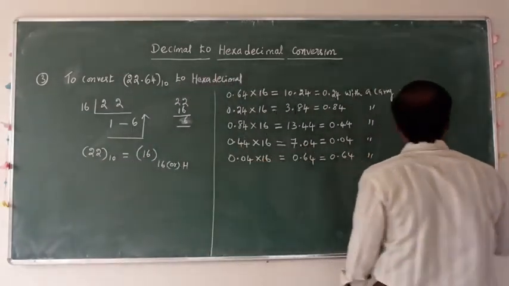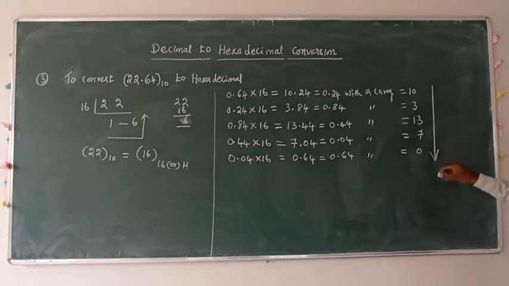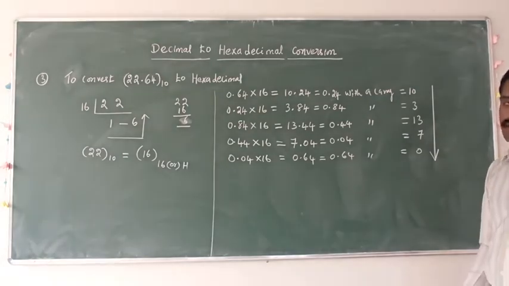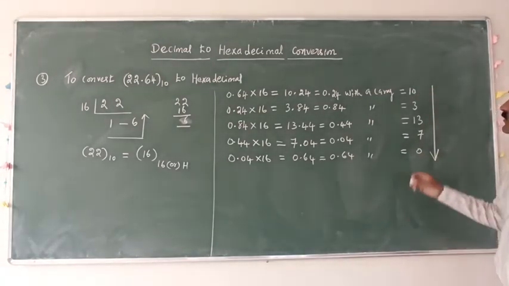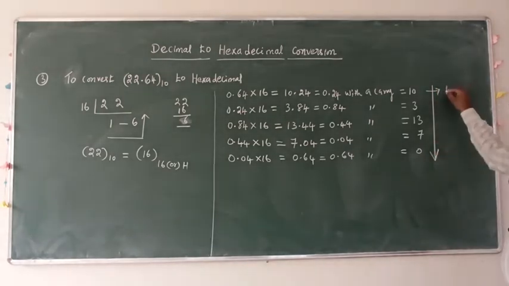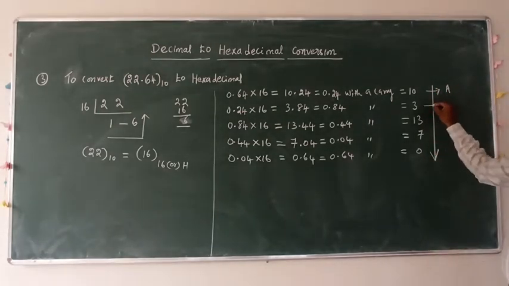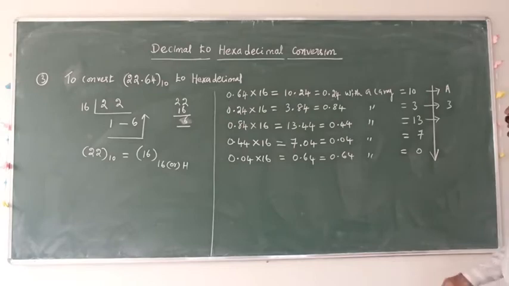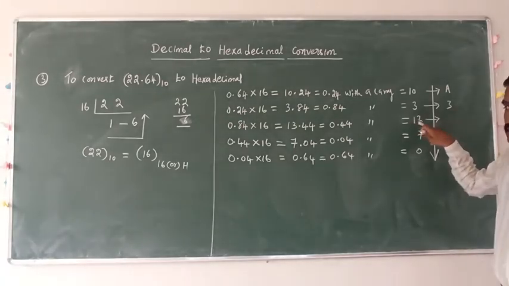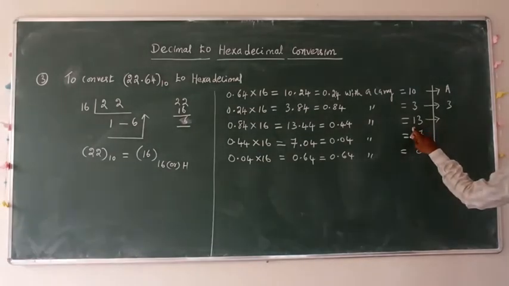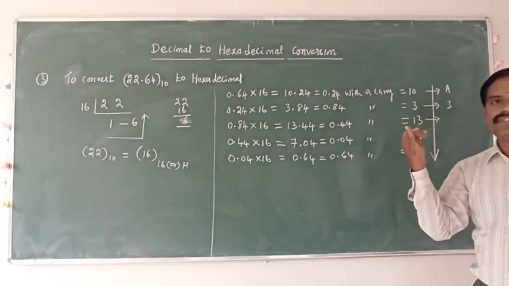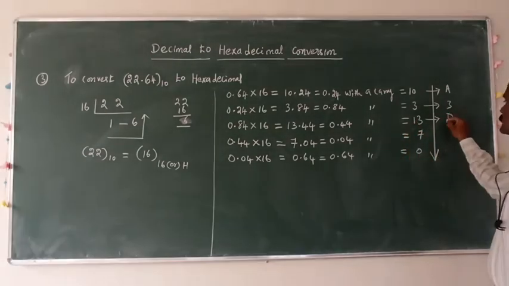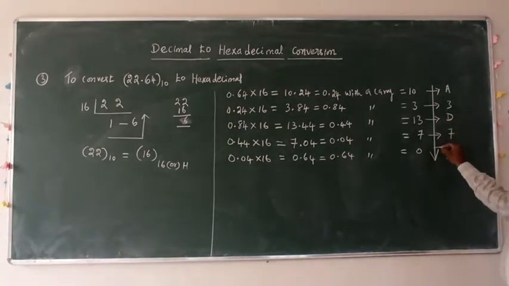To write the result from top to down in hexadecimal format: 10 in decimal corresponds to A, and 3 is 3. 13 in decimal corresponds to D, since 10 is A, 11 is B, 12 is C, 13 is D. Then 7 and 0.